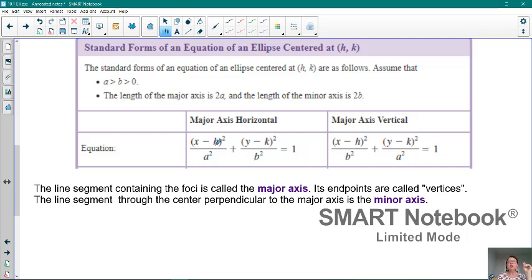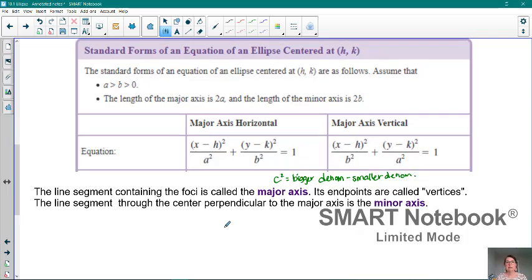I wouldn't worry too much about a and b. If you're trying to find a focus, it'll always be the bigger denominator minus the smaller denominator. So now we'll look at graphing an ellipse and identify all of these key points and information regarding the ellipse.